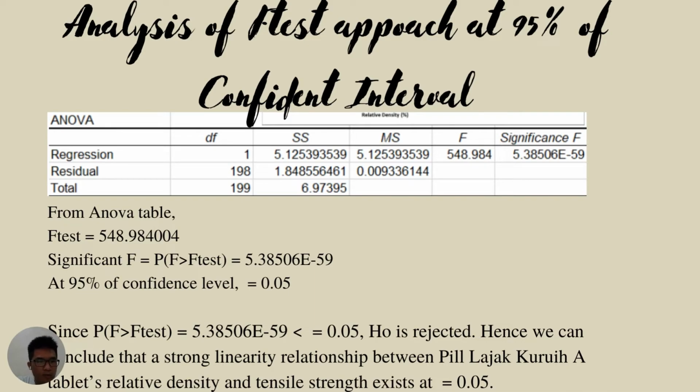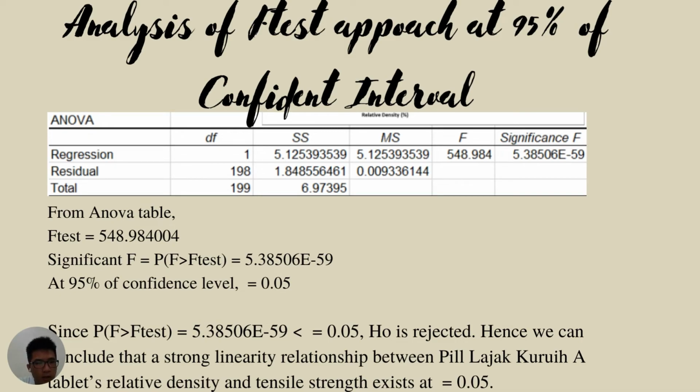From the ANOVA table, we get the F-test value of 548.85954. The significance F value is 5.38506 to the power of negative 59.